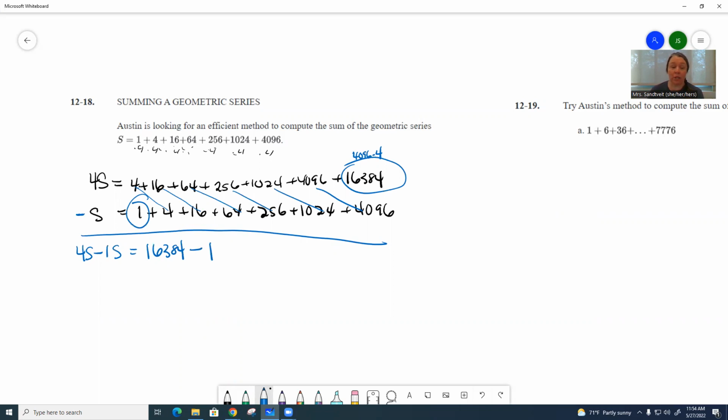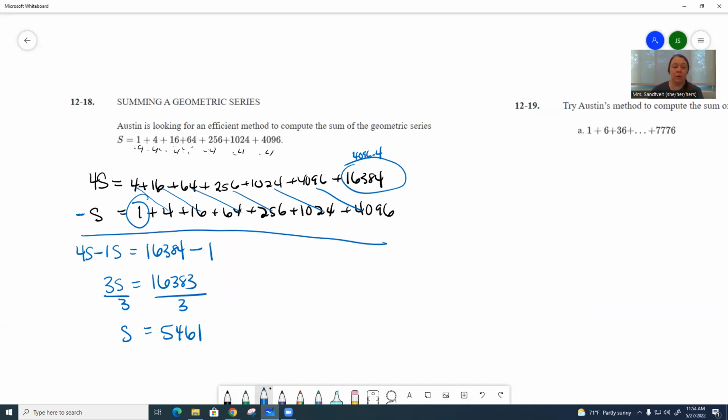And so to figure out what our sum is, 4s minus 1s, that's equal to 3s. And if I subtract these, 16,383, then I can divide by 3, and then that's going to give us the sum of the series.